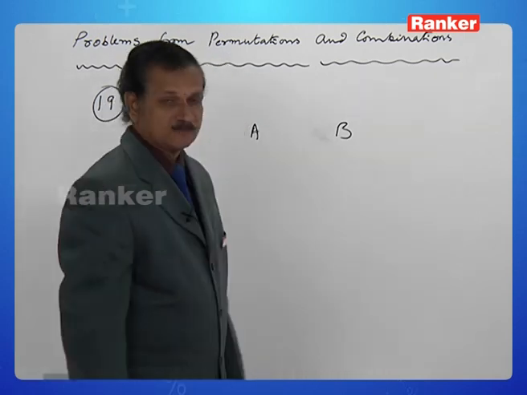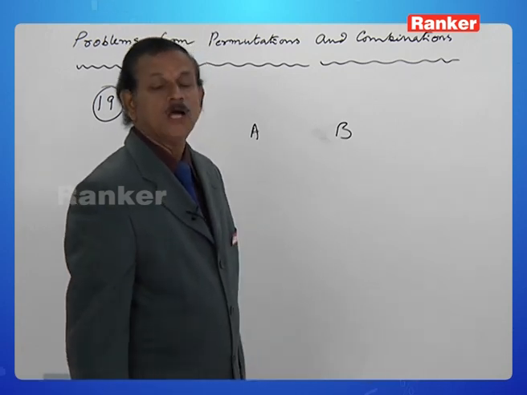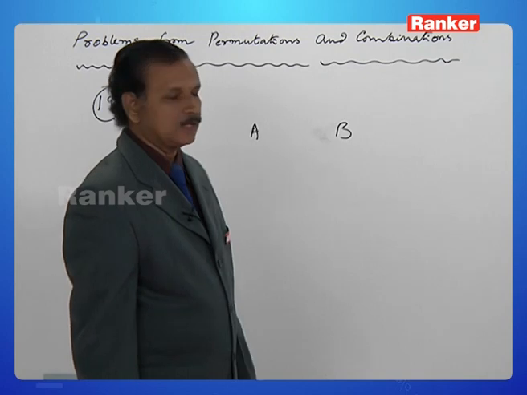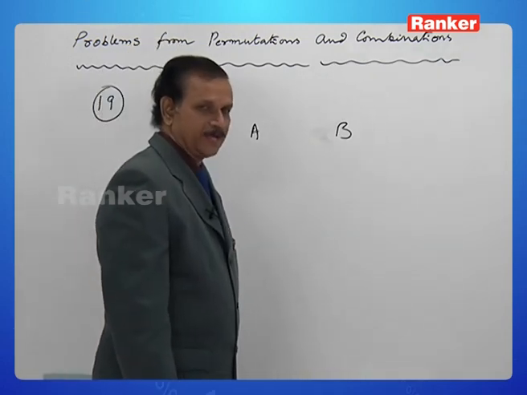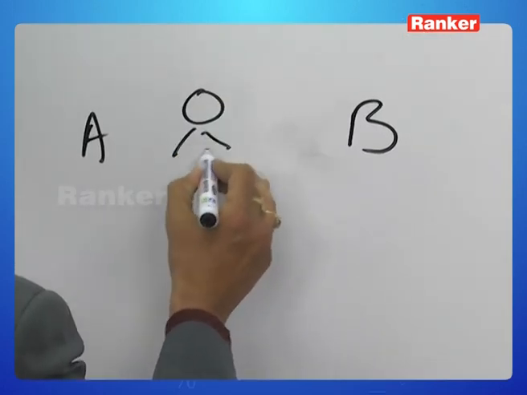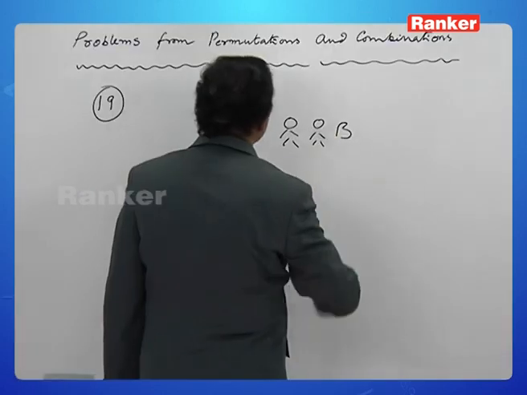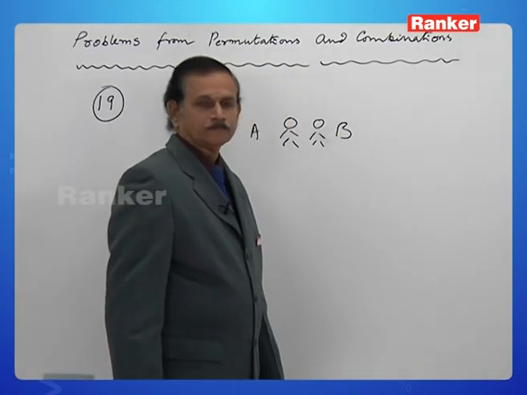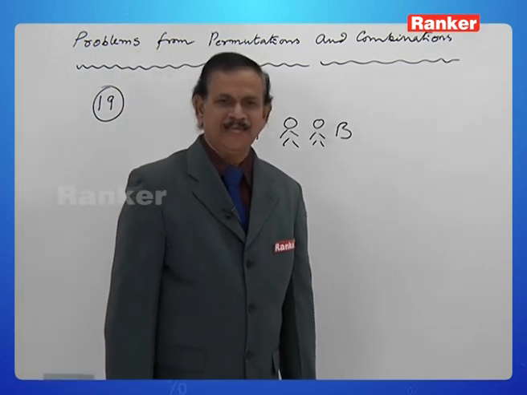Okay, let us first attend to the restriction put on A and B. How many persons must be there between A and B? 2 persons. What is the total number of persons? 8.